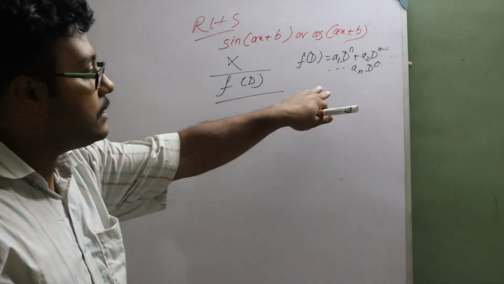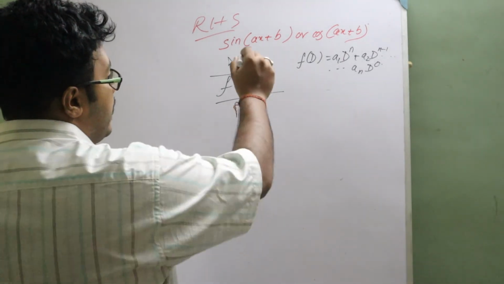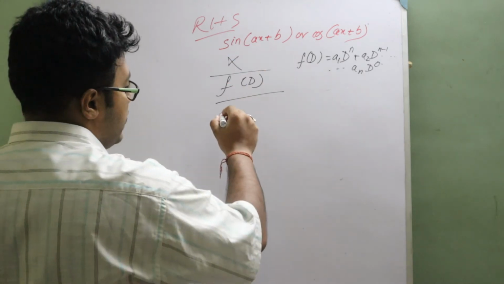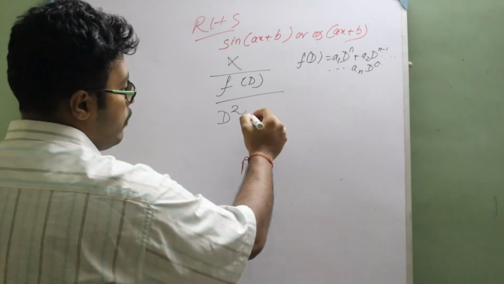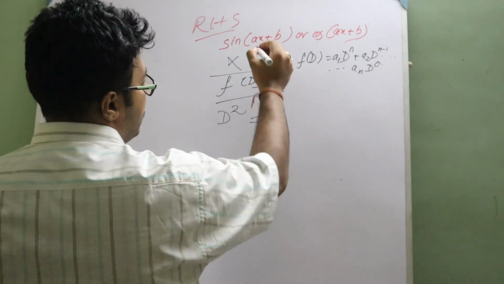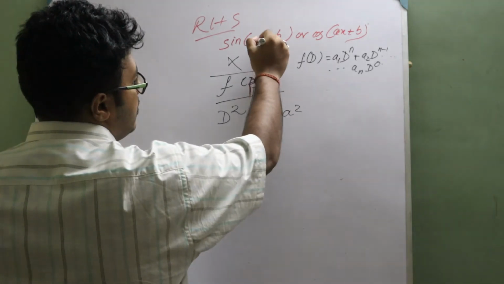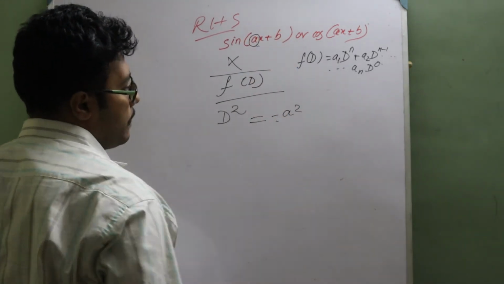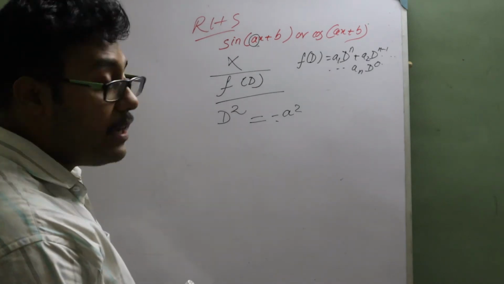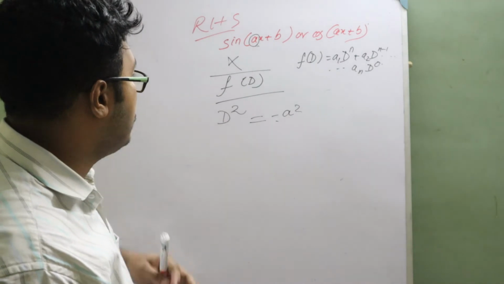This is what is f of D. Now if this is the case, then in place of D square we have to put minus a square. What is a? This a, we have to square it and put a minus. I will show you a solved example, which will help you to understand what is happening in this case better.